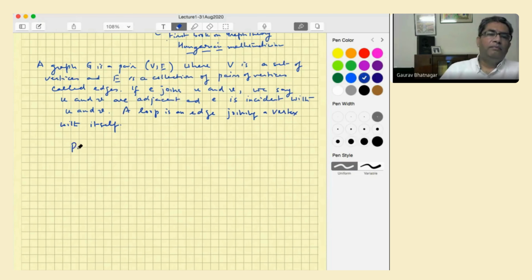So the picture is as follows: you have some vertices and you have edges which are joining these vertices. You could have this, could have this. You could even have edges like this. So this is a loop. These are called parallel edges.